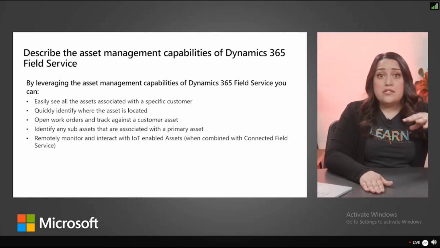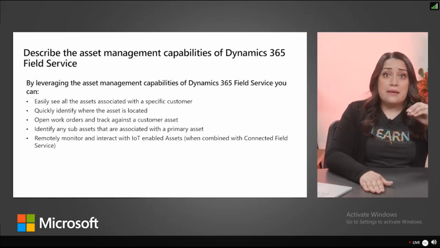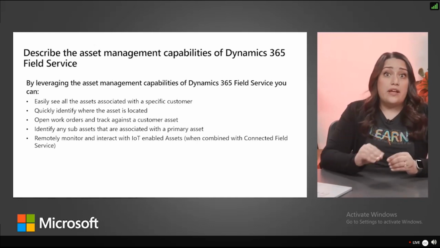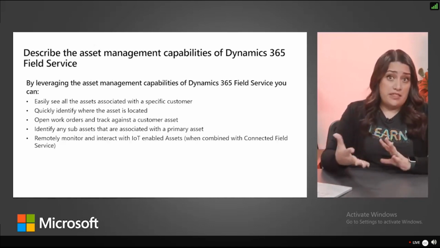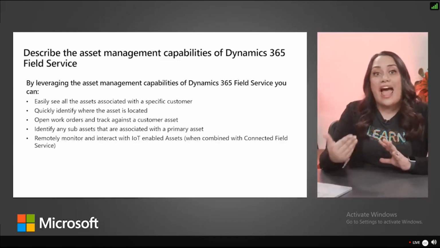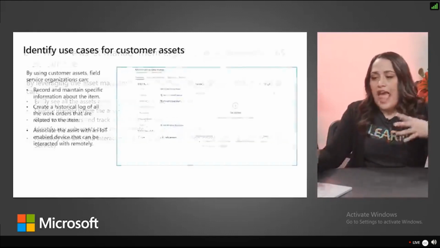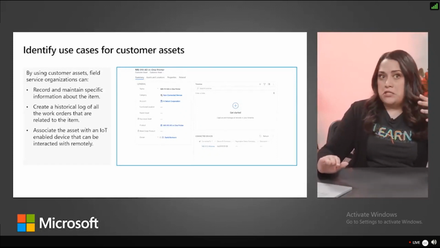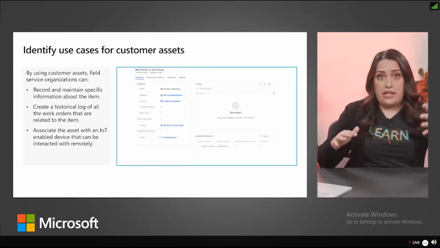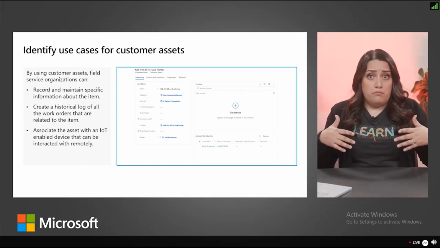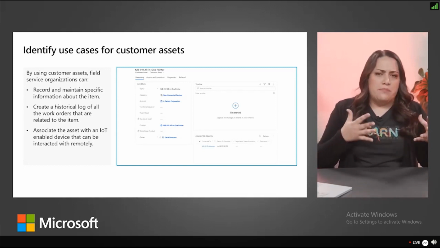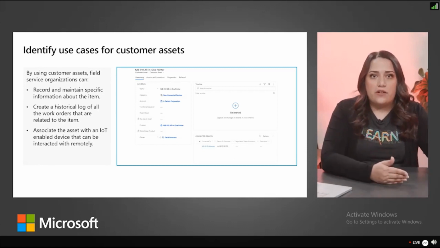Well, Dynamics 365 has an asset management feature inside of Field Service that can help you when it comes to managing your equipment. In this case, this is what we call your assets. An asset can be anything from a large piece of manufacturing equipment or technology to an appliance like an air conditioner. Really, an asset is going to start as a product that's stored in a warehouse.